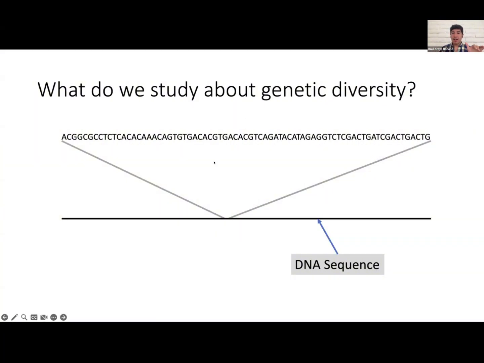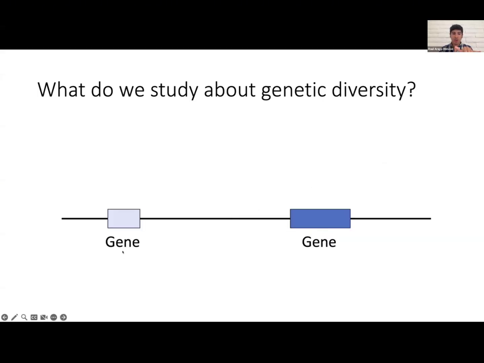But then across the DNA molecule, some regions of it correspond to genes. So some parts of the sequence will codify and generate proteins, and those are the genes. But it's only a small portion of the DNA. Most of the DNA doesn't correspond to genes.